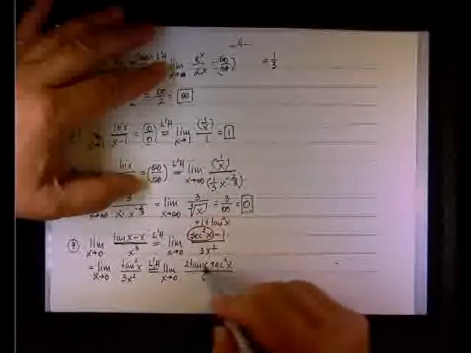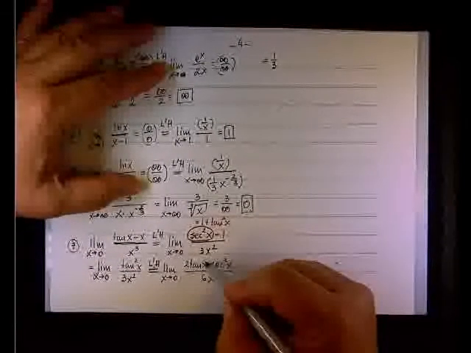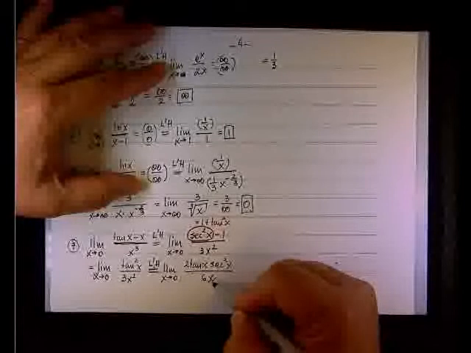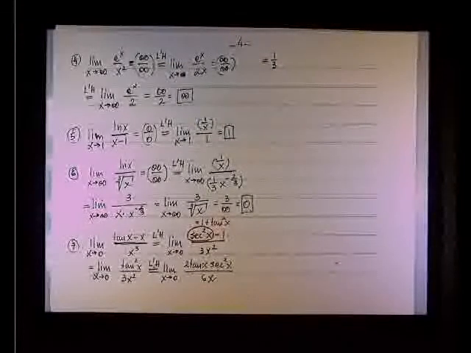And now I see that I have secant squared and I have tangent x over x. One thing you can observe is that the secant of 0 is 1, right? Secant is 1 over cosine, cosine of 0 is 1, 1 over 1 is 1. So the limit of the secant squared when x goes to 0 is 1.